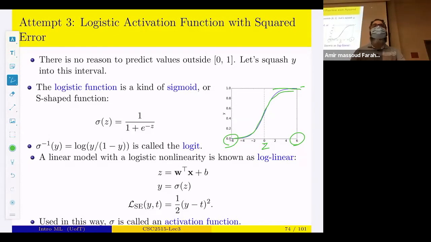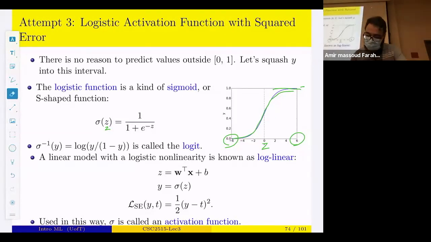So this function that I'm showing you is called the logistic function, which is defined like this: sigma of z is 1 divided by 1 plus e to the power of -z. And you can convince yourself that if z is very positive, this function converges to 1, and if it is very negative, it converges to 0.